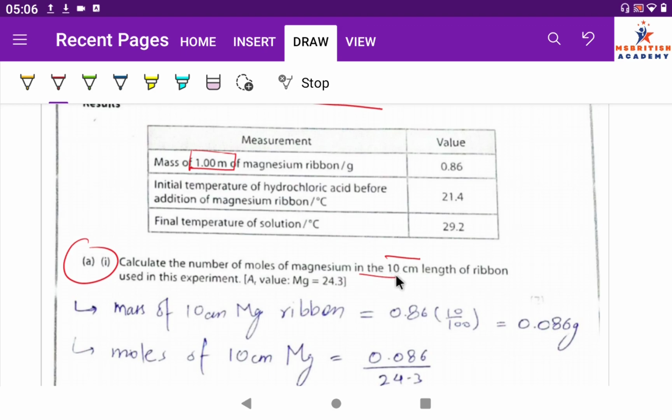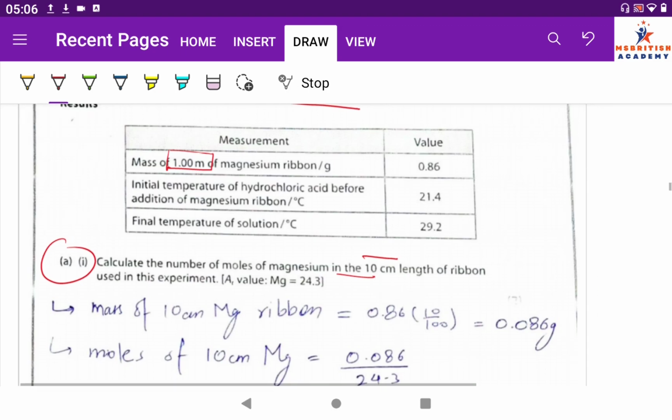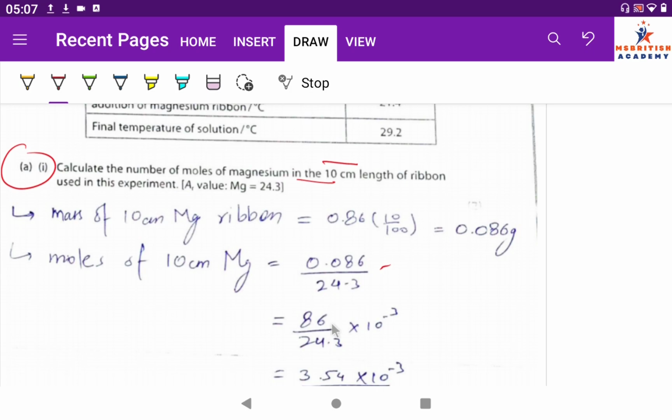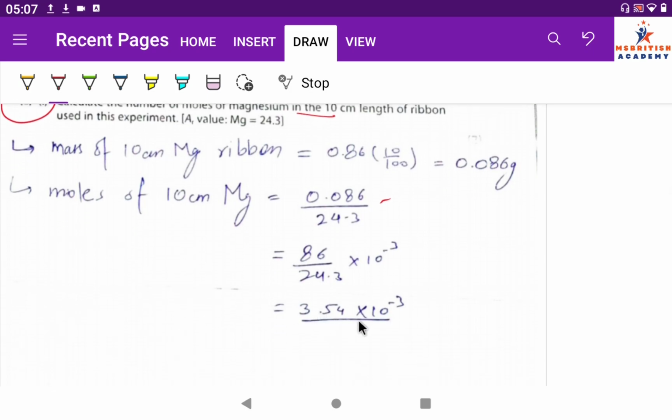You can divide this by 10 or you can find it out by this formula, 10 divided by 100, because 1 meter length has 100 centimeters, so the mass will be 0.086 gram and the number of moles can be found by the mass divided by molar mass. Okay, mass divided by molar mass, so the number of moles will be 3.54 into 10 to the minus 3 moles.